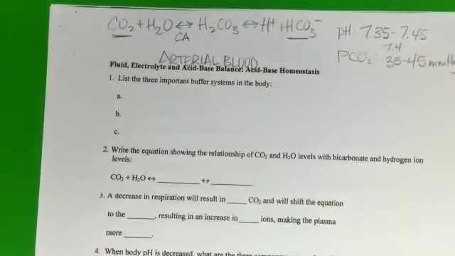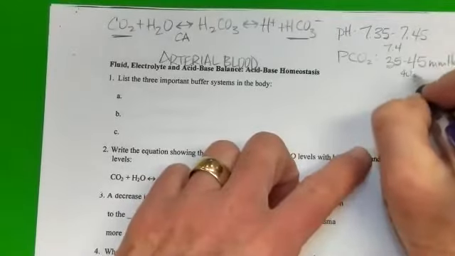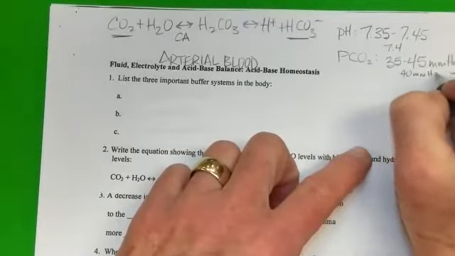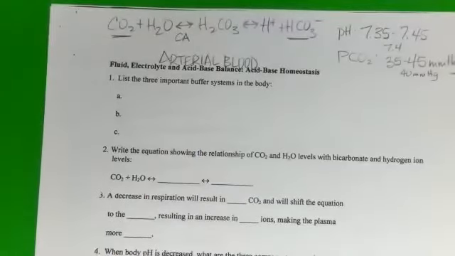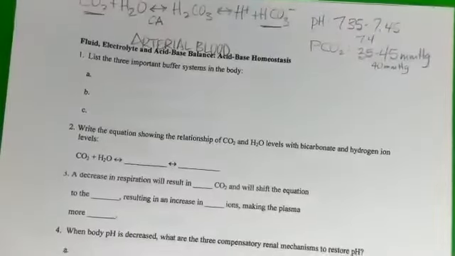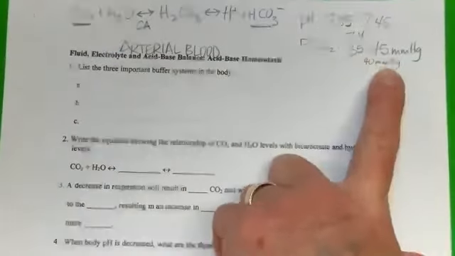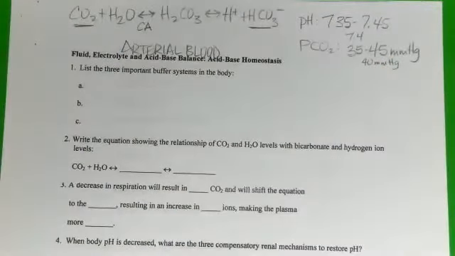Okay, if you remember, pulmonary venous blood as it's leaving the capillary bed in the pulmonary veins and going back to the left side of the heart is going to be 40. So that's perfect, but we're okay if we go on either side of that. Okay, so PCO2 should be between 35 and 45, and our optimum is 40.